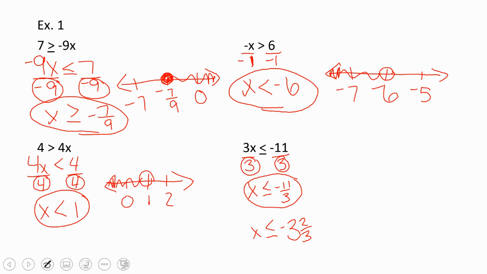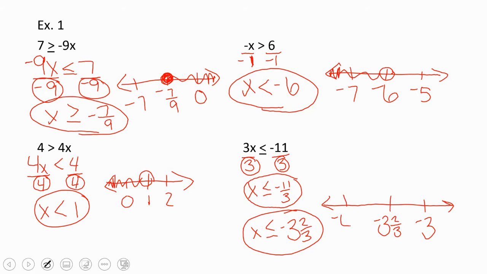Okay, 3 goes into 11 3 times, with 2 left over. And then we graph it. It's less than or equal to, so it's filled in. And less than means it's shading to the left.